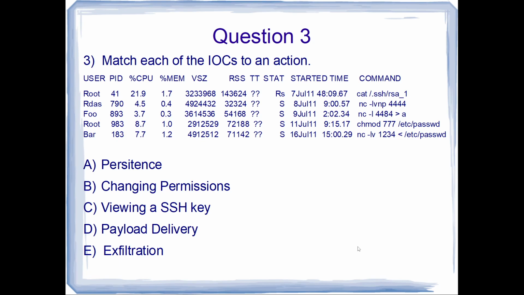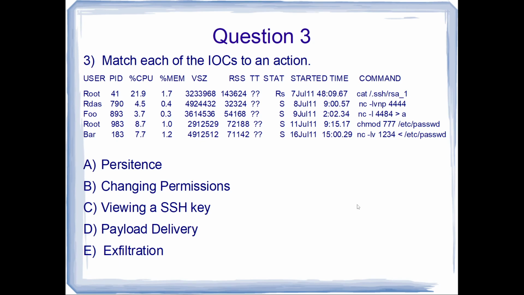So we have netcat and a bunch of letters, and then 4444. We have netcat -L 4484 with a little greater than sign pointing towards A. And we have netcat LV 1234 with a less than sign pointing back towards our port for the etc password file.